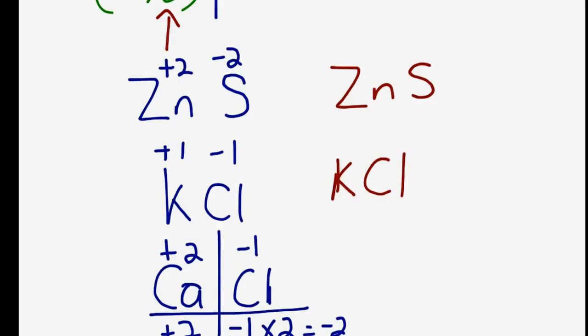So if I add these two numbers together, I get 0. I multiplied by 2, so that is my subscript. So my answer is CaCl2. Whichever element you have to multiply, that is the number that ends up with a subscript.